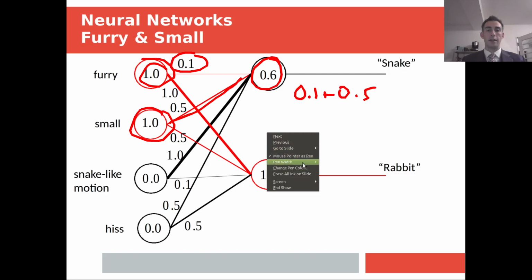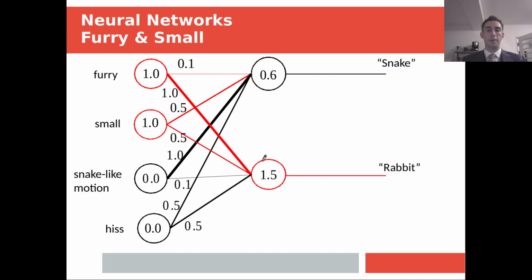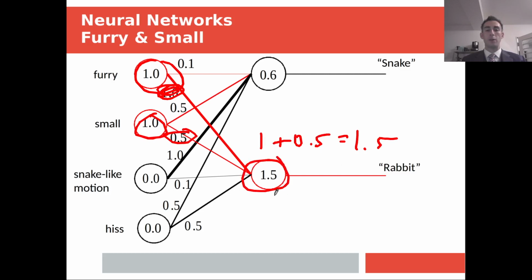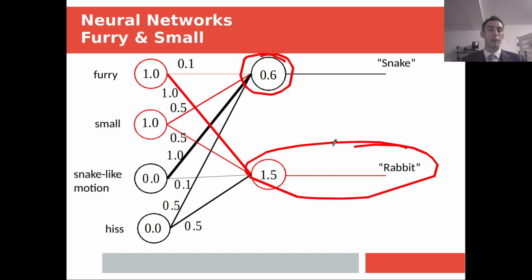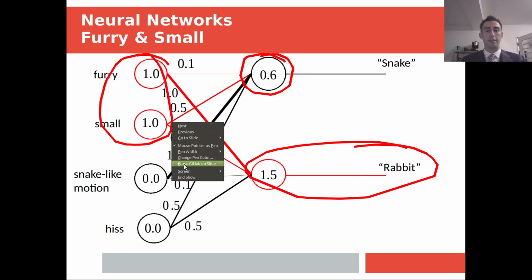And 1.0 times 1.0 is going to be 1, plus 1.0 times 0.5 is going to be 0.5, which is 1.5. So rabbit will be activated 1.5, energy level, whatever its arbitrary units, and snake will be activated only 0.6. So you say, oh, it's a rabbit, or the rabbit concept is more strongly activated than the snake concept when you have these inputs activated.